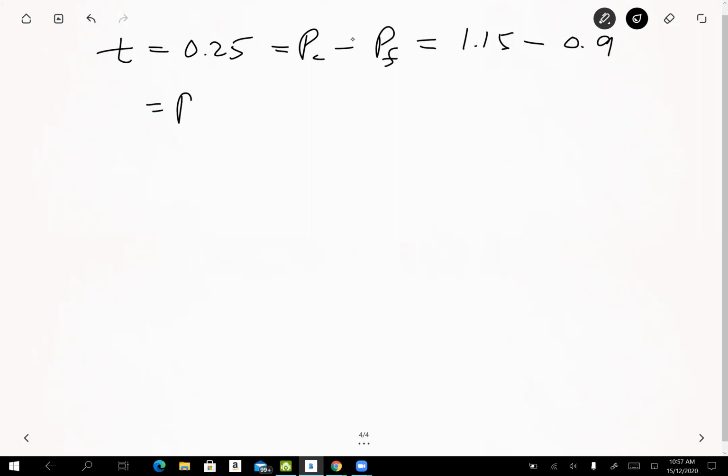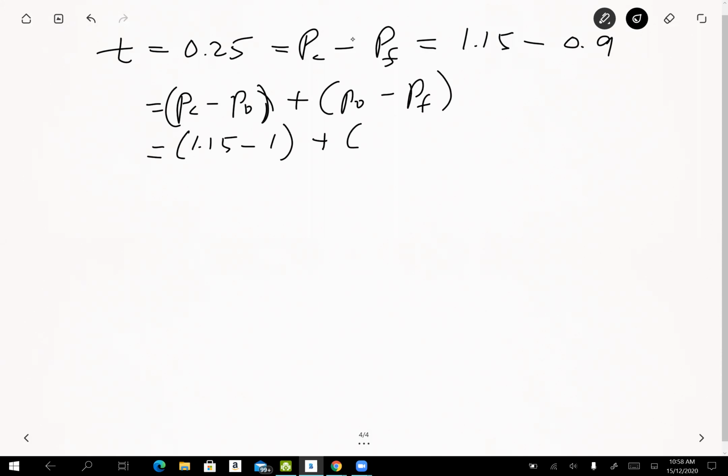And that is equal to, if we break it out, PC minus P0 plus P0 minus PF. We know P0 is 1 from the diagram, so that is 1.15 minus 1 plus 1 minus 0.9, which is 0.15 plus 0.1.